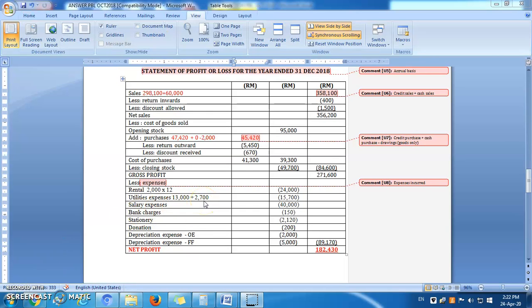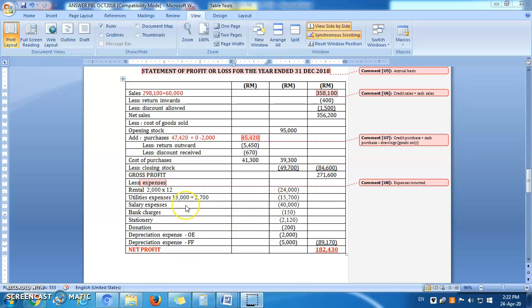Therefore, utilities expense incurred during the current year is the amount paid plus the amount not yet paid. So the whole amount of 15,700 is the utilities expense incurred during the year.